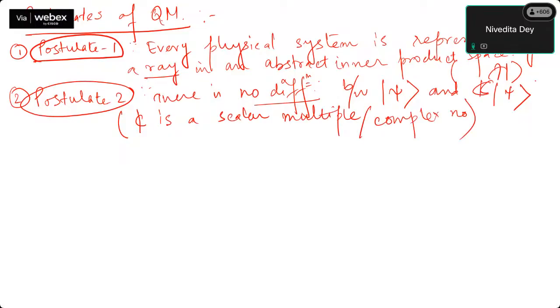So fundamentally, at the level of realization, there is no difference between psi and c times psi.